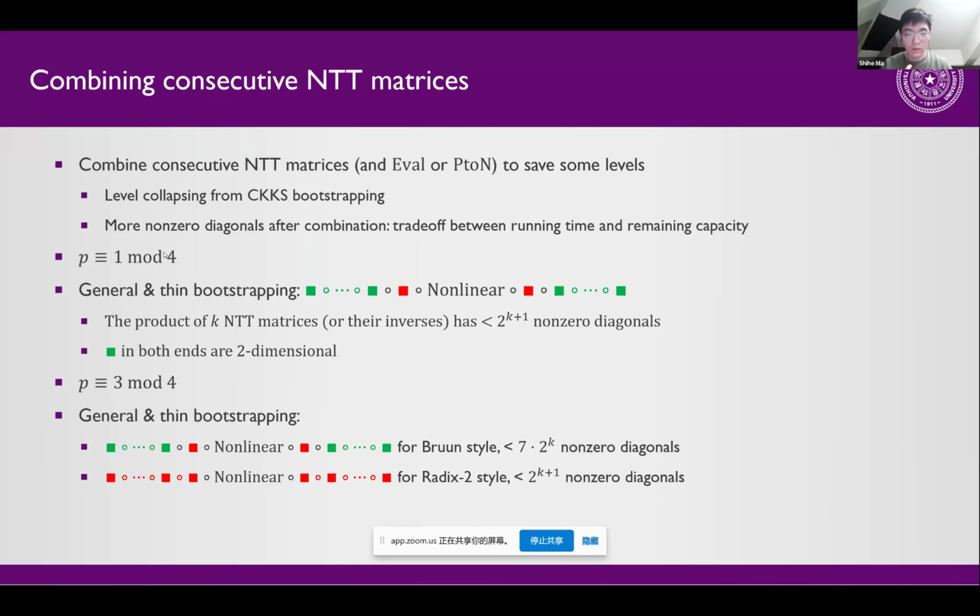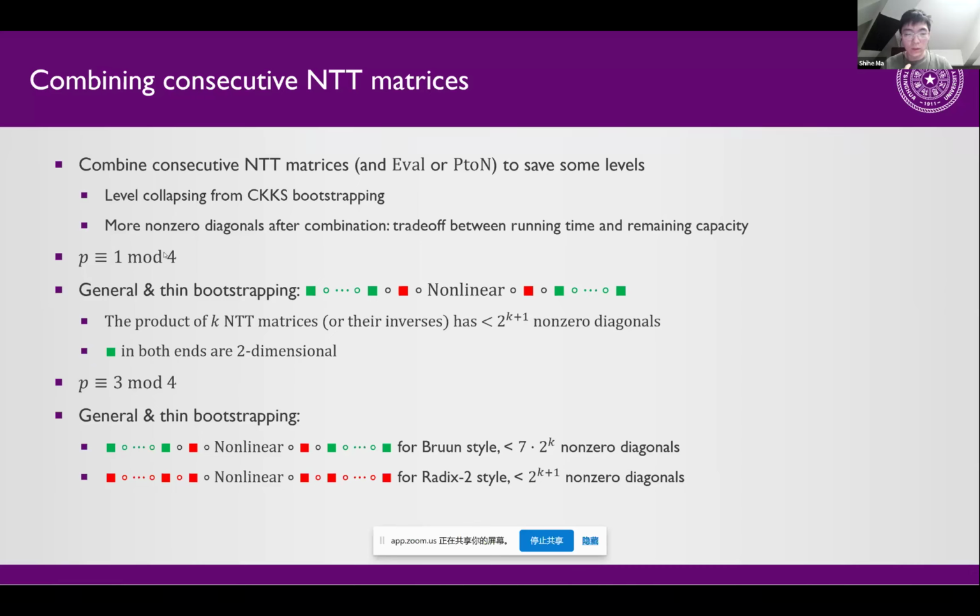And although computing these NTT matrices one by one is very efficient, they will cost too many levels. So we use the level collapsing technique from CKKS bootstrapping to combine consecutive NTT matrices into a single one to save many levels, but at the cost of increasing the number of non-zero diagonals, which will further increase the running time.